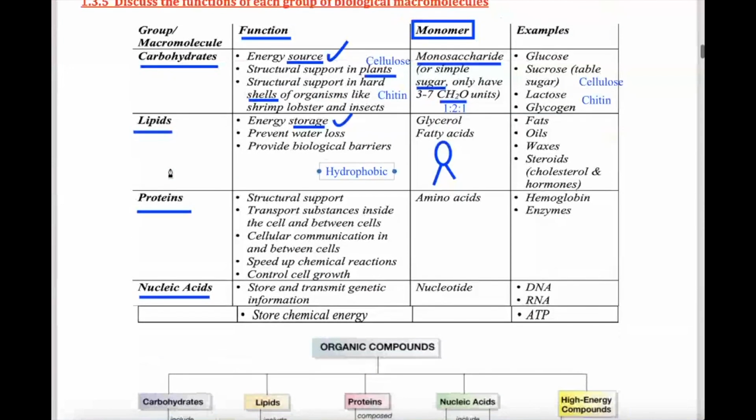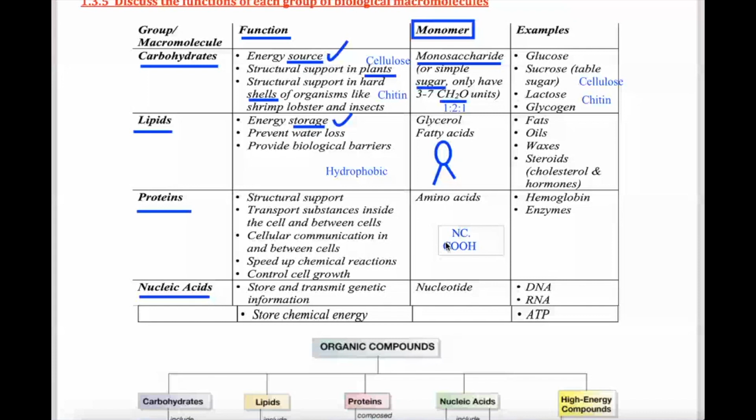Moving to next, proteins. Monomers are amino acids, and you know that we have studied the formula for amino acid: carbon in the center, and on one side you have COOH, and on another side you have studied NH2.